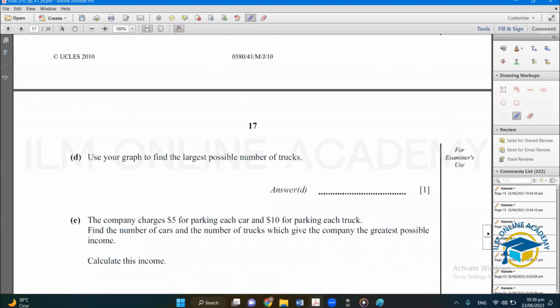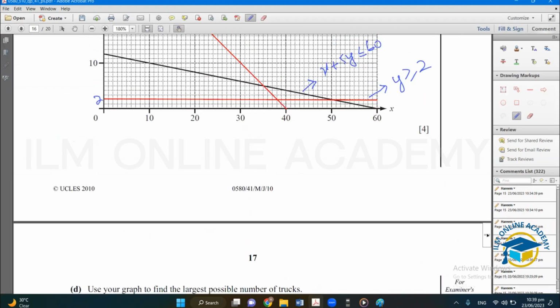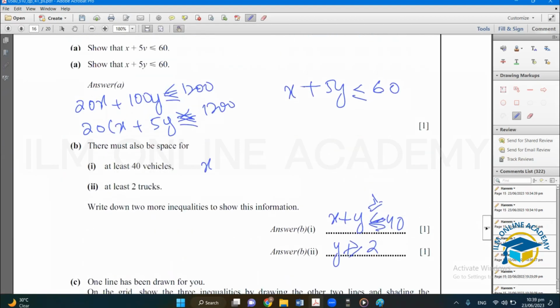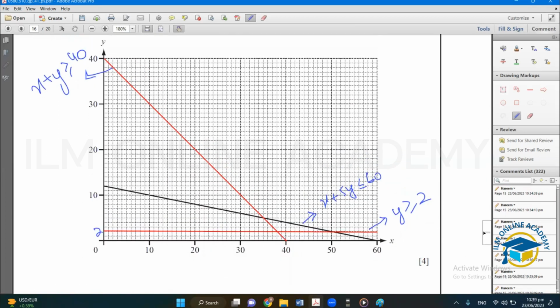Okay. Use your graph to find the largest possible number of trucks. Okay. So the largest possible number of trucks would be, if we see basically the combination, the intersection of the lines.